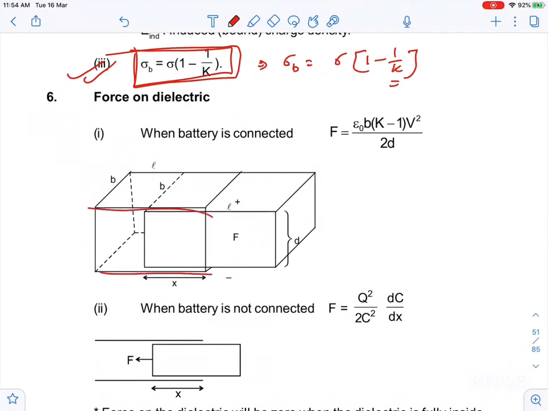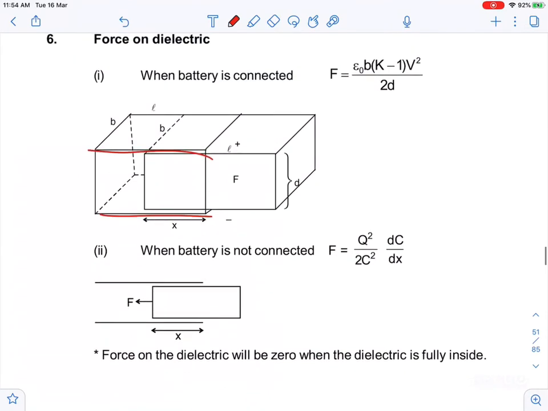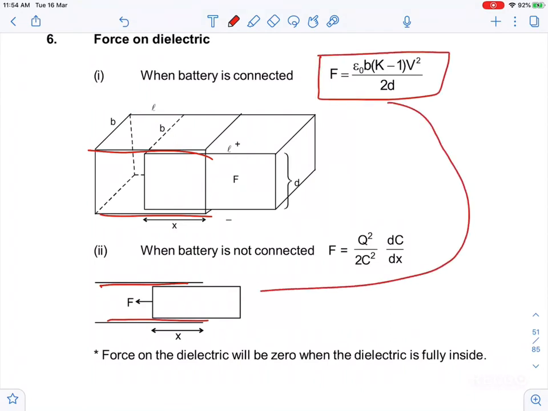Force on a dielectric: suppose this is a capacitor plate and you have introduced the dielectric inside this capacitor. The diagram is clear. The force it will experience is this result, given directly in S.L. Loney.